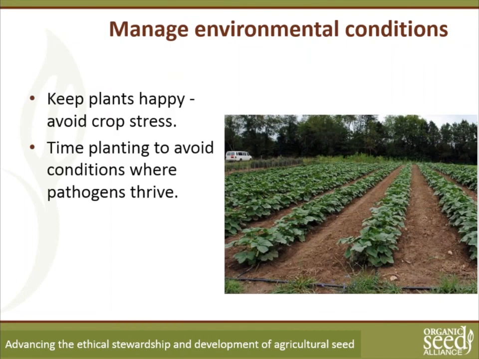Once you've thought about how you've managed your farm before you've planted and you've chosen good varieties, then at planting and after planting, there are ways that you can manage your environment to reduce the ability for diseases to grow and spread.